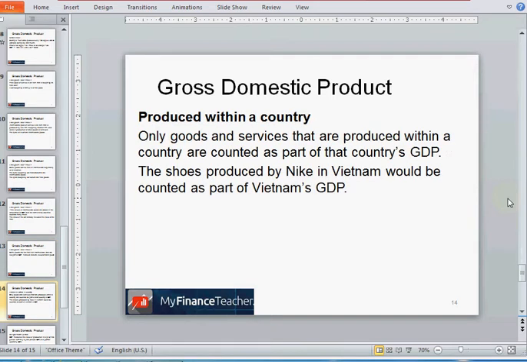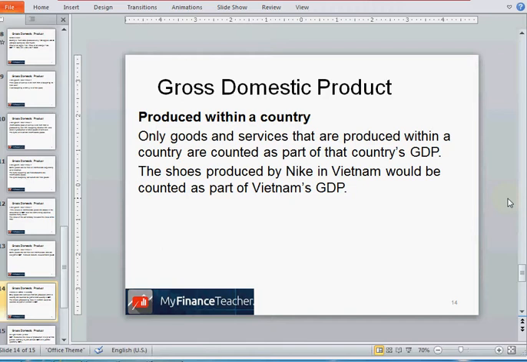The next component within the definition of GDP states that the final goods and services are counted as part of GDP only when they are produced within the country. What is meant here is regardless of the owners of the manufacturers, the GDP is calculated based on the location rather than the ownership of the firms.